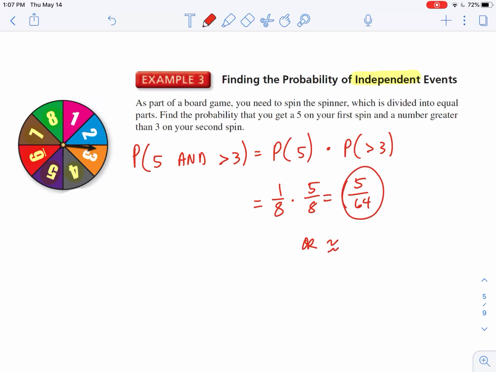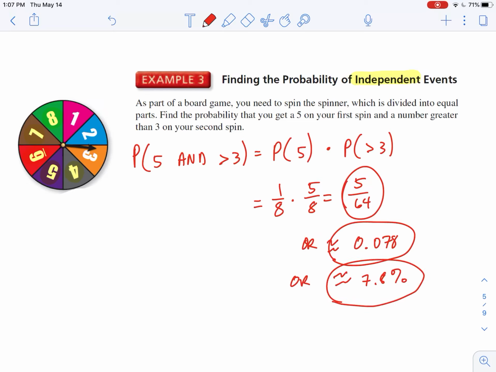Or we could express that as a decimal, which of course is about 0.078, or we could express that as a percent, so about 7.8%. So the probability that you get a 5 on your first spin and a number greater than 3 on your second spin is about 7.8%. But again, we're using this idea of independence to establish that, and we're using this formula.